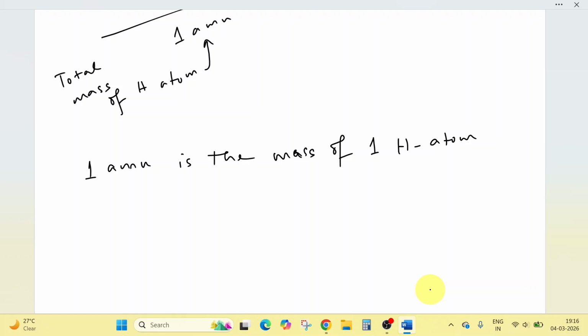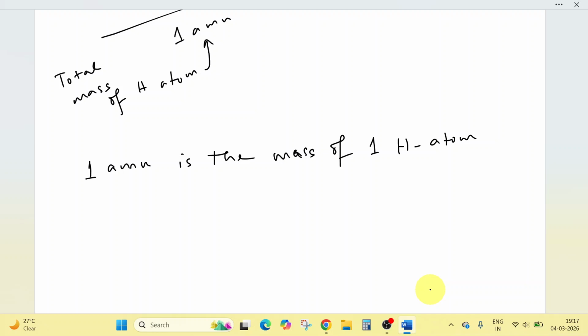Yes, 12. So the mass of a carbon atom is 12, meaning 12 AMU. If you see, there will be 6 protons and 6 neutrons inside the nucleus of the carbon atom. So that's why 6 plus 6 is 12 AMU, atomic mass unit.